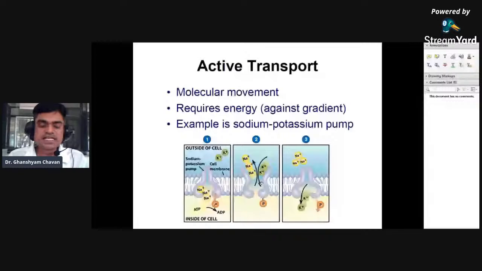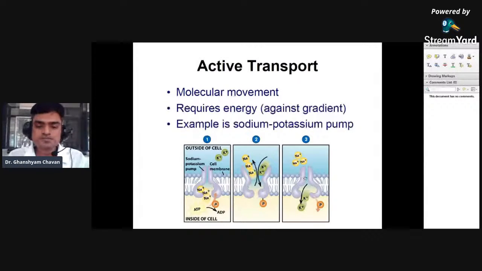So this is the channel and it has a gate. The gate can be opened due to the enzyme only. When the enzyme is activated, the sodium potassium pump is activated, and at that time the gate will open, and then this exchange process will occur.